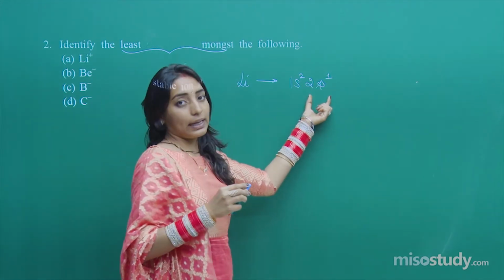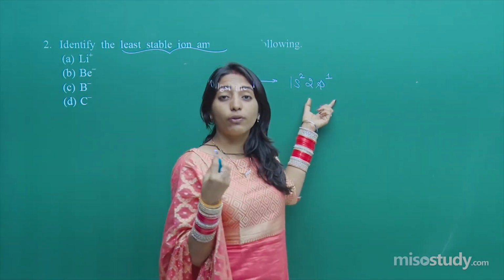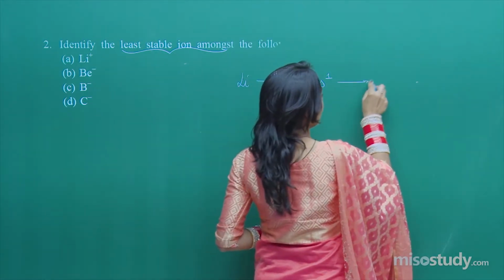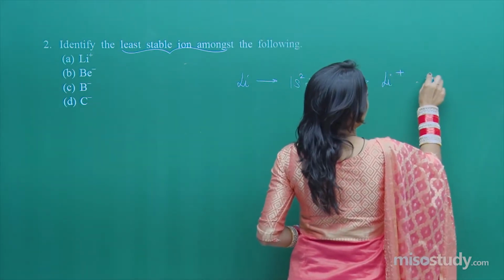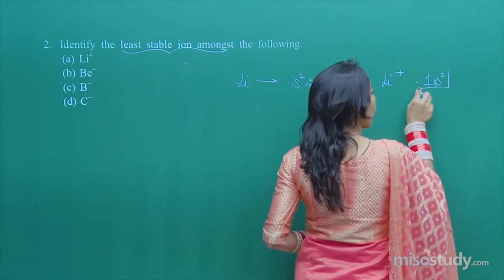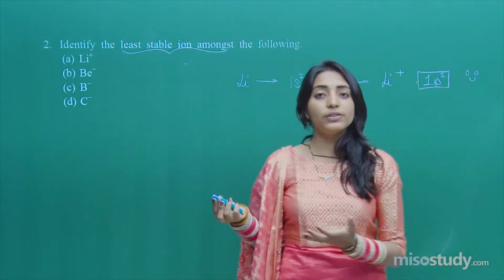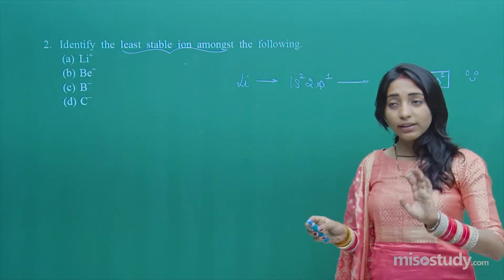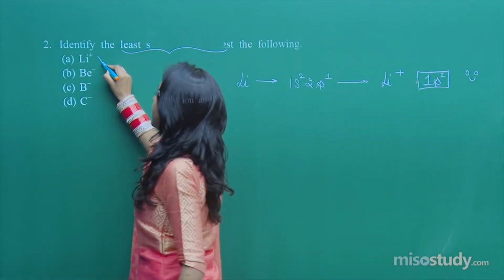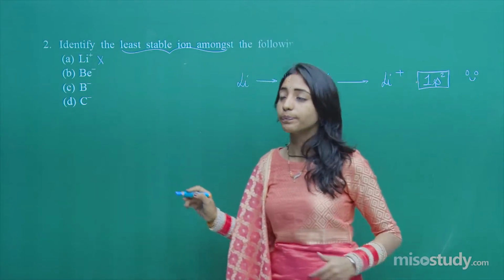If one electron, the 2s1 electron, is removed from lithium, it will get converted into lithium plus, which is 1s2, which is quite stable because it resembles the noble gas configuration, right? So this is not the least stable ion, that is for sure.